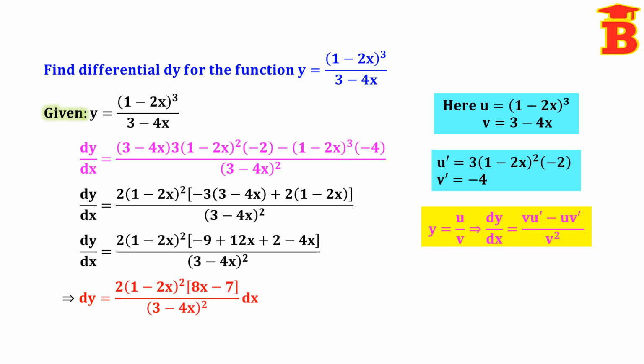Now we can write the final answer, 2 into 1 minus 2x whole square into this bracket 12x minus 4x is 8x, minus 9 plus 2 is minus 7 divided by bracket 3 minus 4x whole square into dx cross multiply right side. Then only we can get the differential dy. So therefore dy equal to 2 into 1 minus 2x whole square into 8x minus 7 divided by 3 minus 4x whole square into dx. This is the answer.